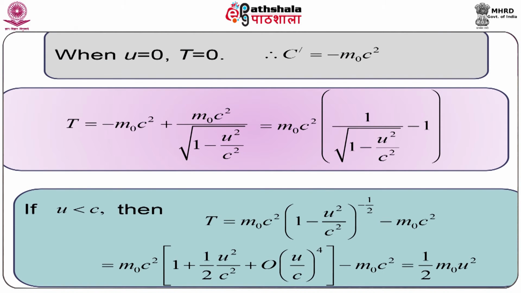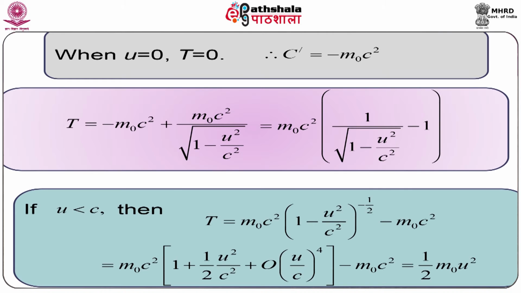We have to find the value of the integrating constant. In finding its value, we can use the initial condition, which is when u equal to 0, that is, initially when the object is at rest, then obviously kinetic energy T equal to 0, since we know that kinetic energy T is equal to half m u square.